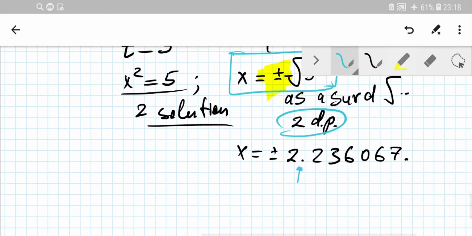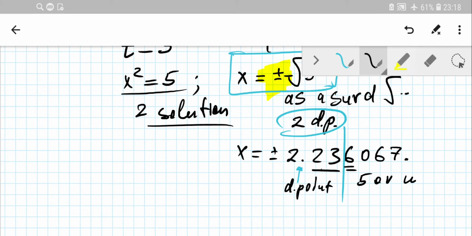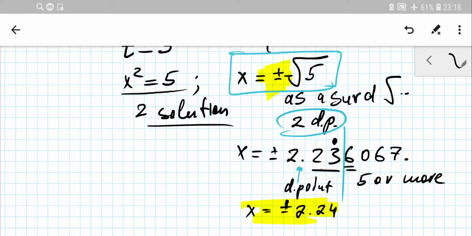You take 2 digits after the decimal point and say, okay, if the next digit is 5 or more, you round this digit up to 4. So the final answer will be plus minus 2.24. Okay, that's the final answer if you use a calculator and need to round to 2 decimal places.